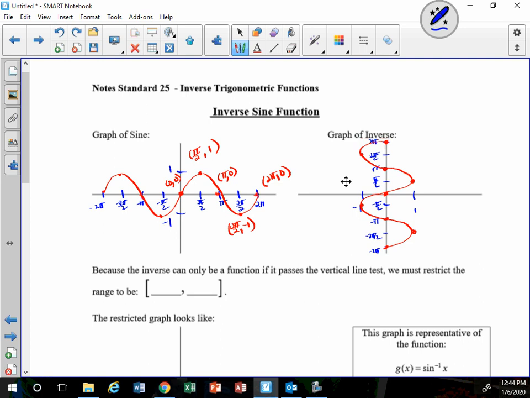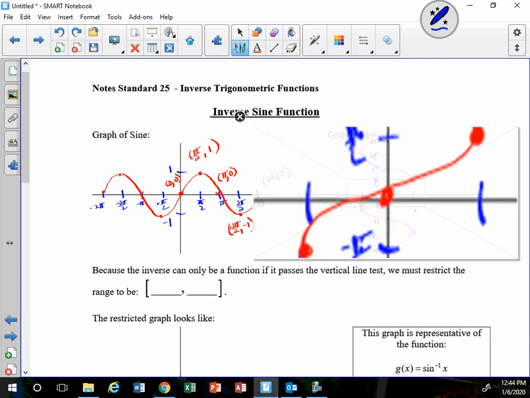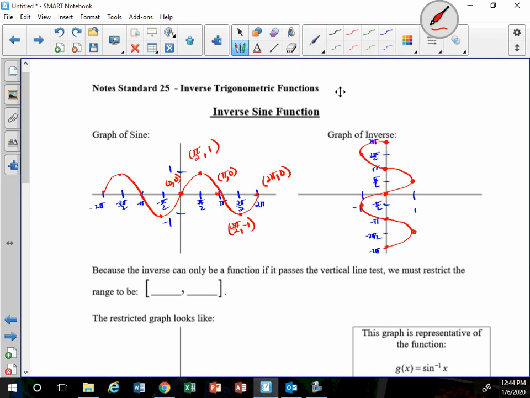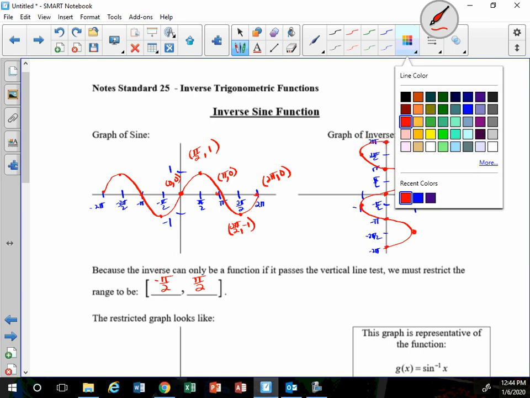In between -pi over 2 and pi over 2. Perfect. Yeah. So guys, what if I look right there? Okay, that's a function, right? Okay, so that's the section I want to use. So the next little part, the range that we would pick has to be from -pi over 2 to pi over 2. Okay.